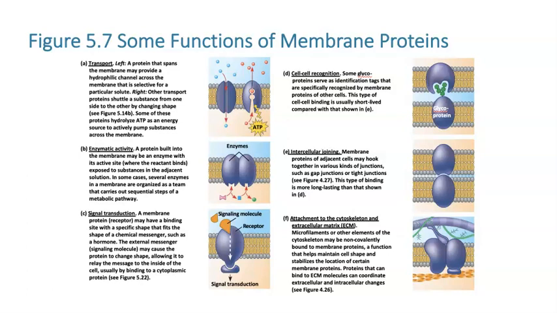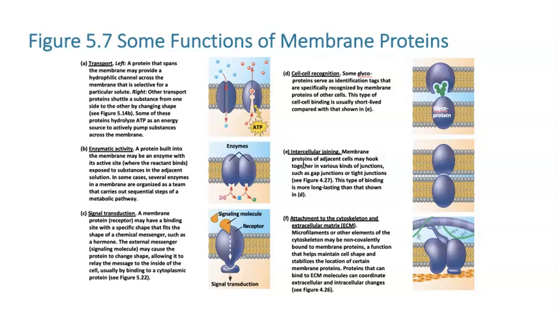I don't know if you recognize, but those are little hexagons, and hexagons are almost universally the shape that indicates that you've got a carbohydrate there. If a carbohydrate is attached to a protein, we call that protein a glycoprotein. So this one right here is a glycoprotein because it's got the carbohydrate attached to it. One cell will recognize the glycoprotein of another cell, and that allows a signal to be passed.